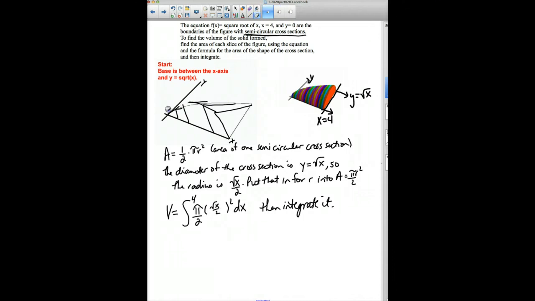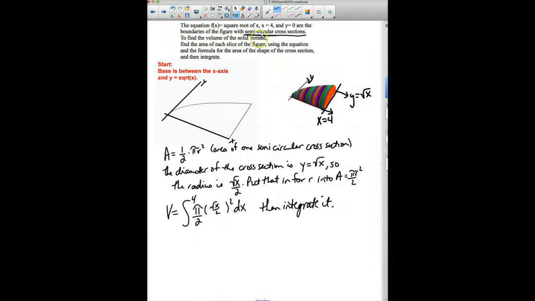So sometimes it's hard to picture what this region is going to look like. So here's an example of what this one looks like. It's got semicircular cross sections, but the base of that semicircle, the diameter part, is right on this region right here.